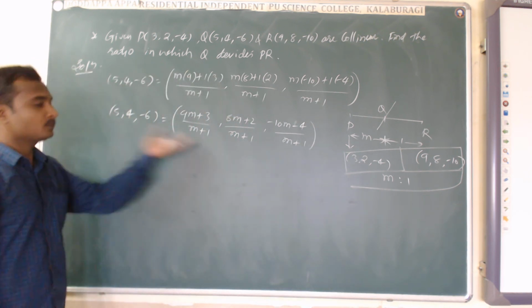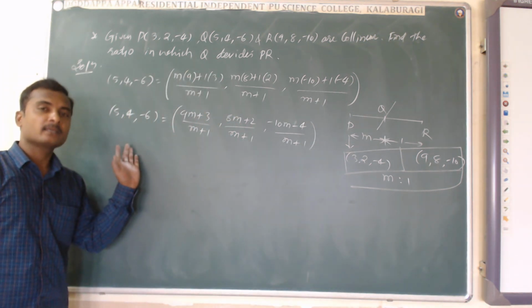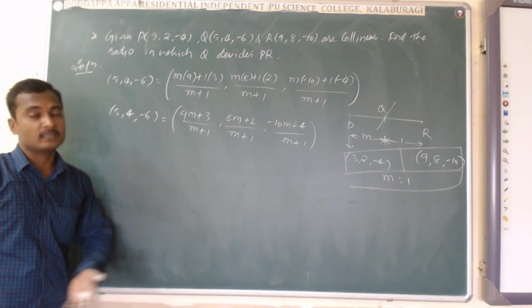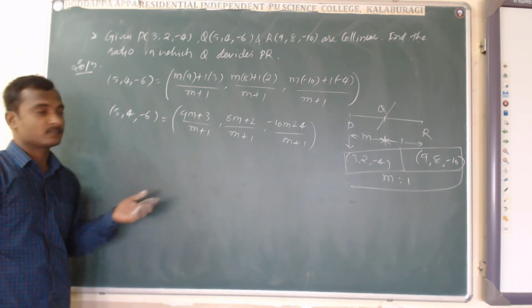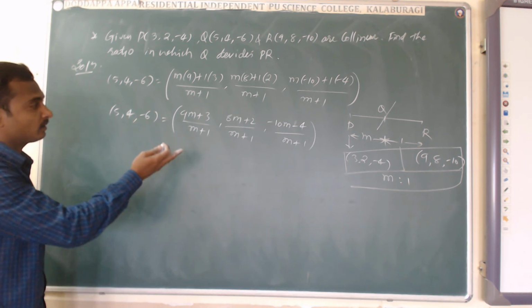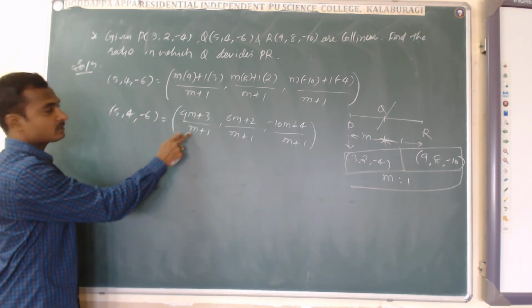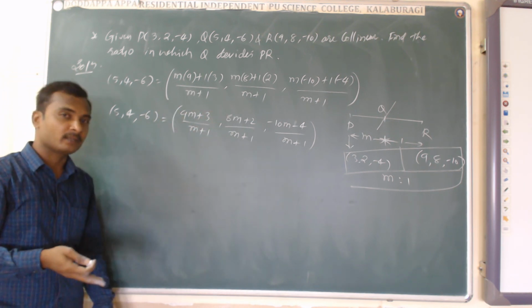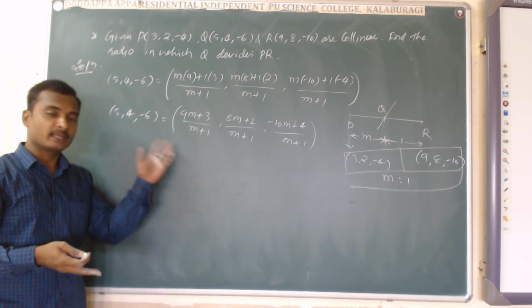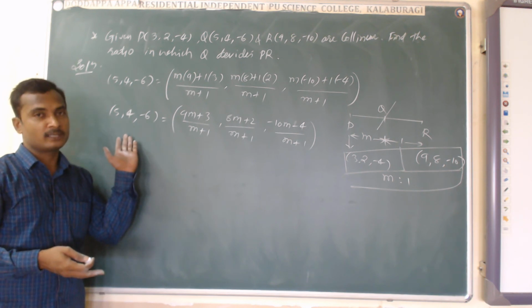As these two ordered triplets are equal, use the definition of equality of ordered triplets. So 5 is equal to the first term, 4 is equal to the second term, minus 6 is equal to the third term. You can choose any one; you can equate any of these three coordinates and you get the same answer.